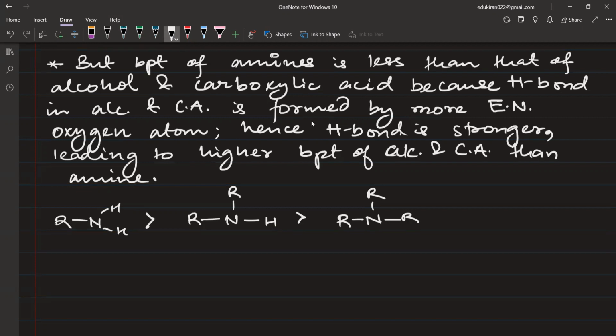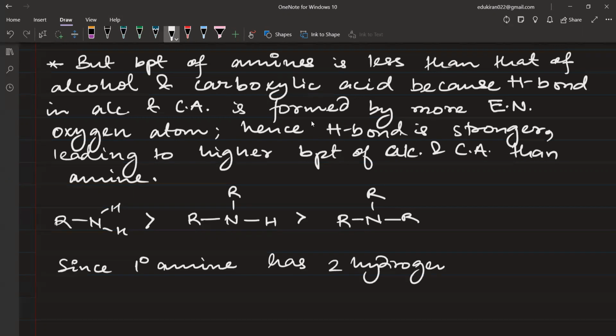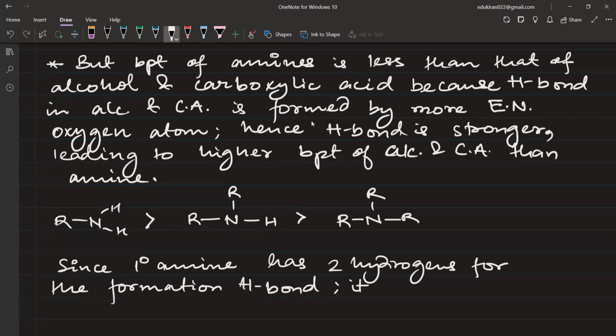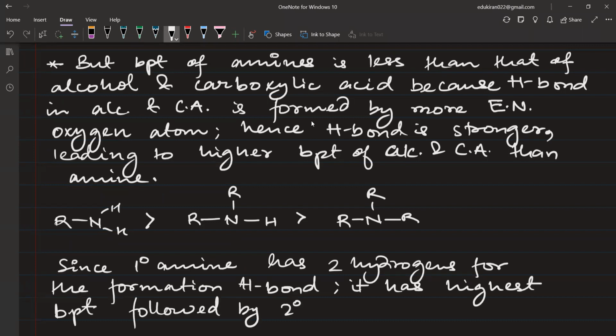Since 1 degree amine has 2 hydrogens for the formation of hydrogen bonds, it has the highest boiling point, followed by 2 degree and 3 degree.